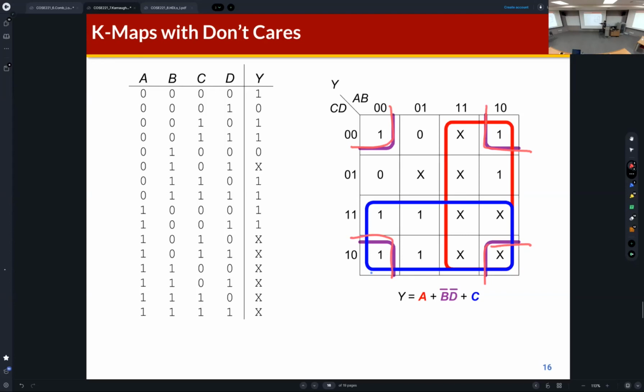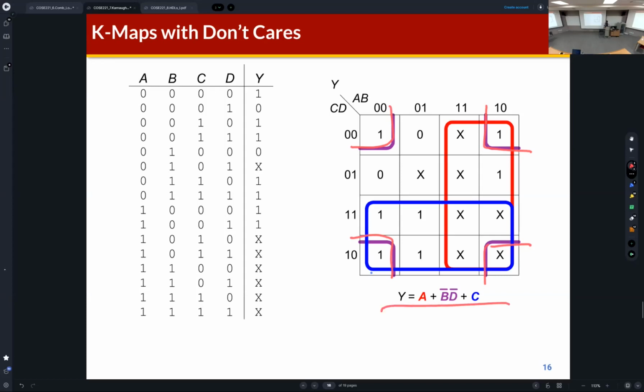So this is the optimized Boolean equation. Okay. A, this is the A, the large circle, and then C, and this is the C, because only the C is 1, and the A is 1 here. Then also another large circle, purple colored, B bar and B bar.